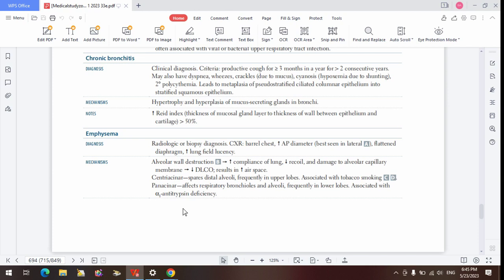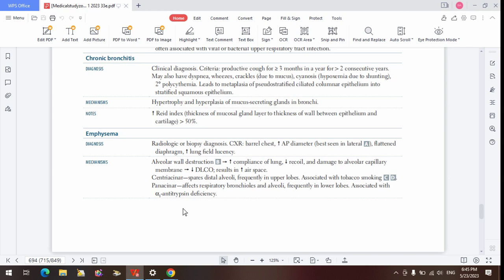So what are the peculiarities of these guys? It has been observed that in people that smoke, the damage usually occurs within the upper portion of the lung, and it is centroacinal. What do we mean by centroacinal? The acinus is the functional respiratory unit. It consists of the respiratory bronchioles and the alveoli.